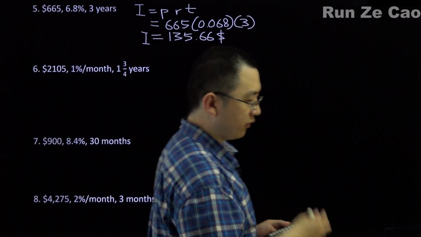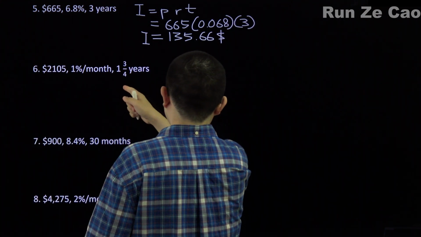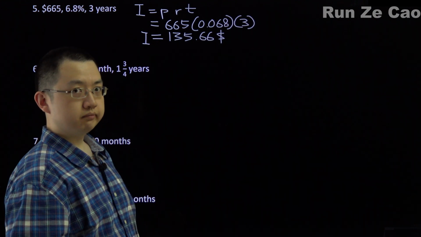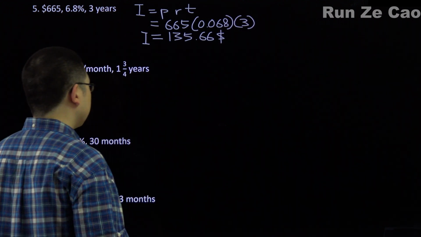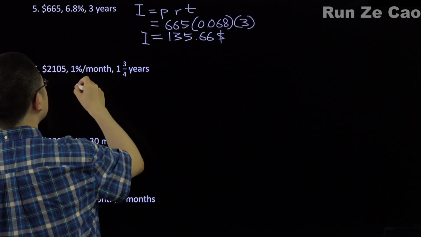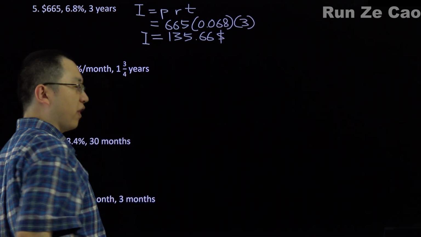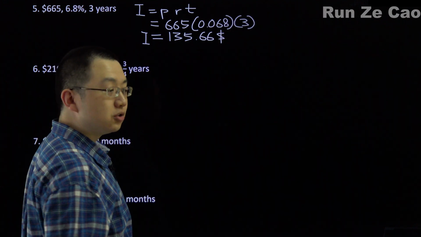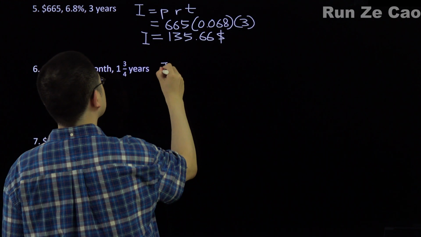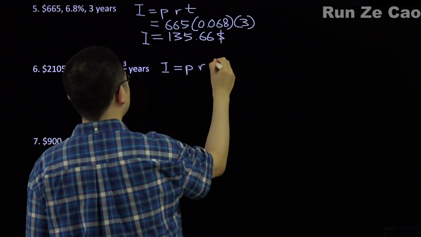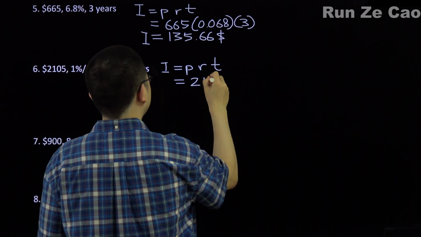Now, what if we deposited at 1% per month instead? Then we would have to convert the time to months. Otherwise, we end up with however many dollars times year per month, which means the units don't work out for what we want. That would be bad. So the interest is equal to the principal times the interest rate times the time. Principal is 2105.